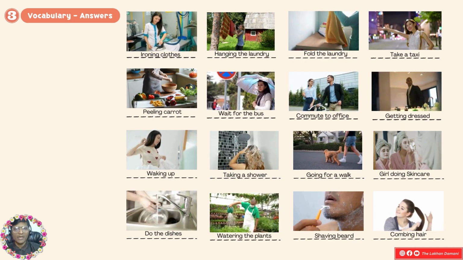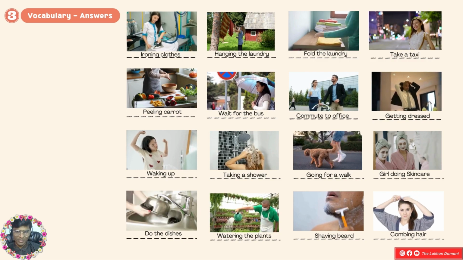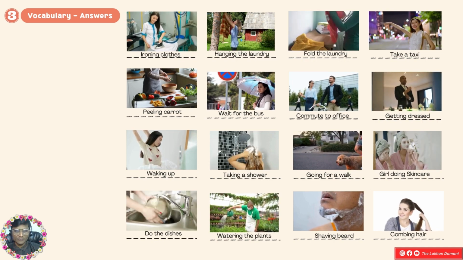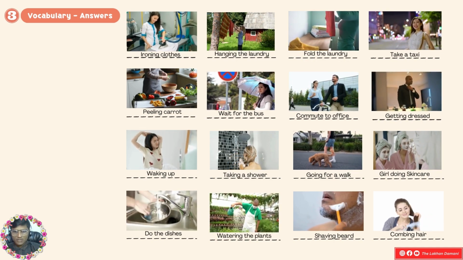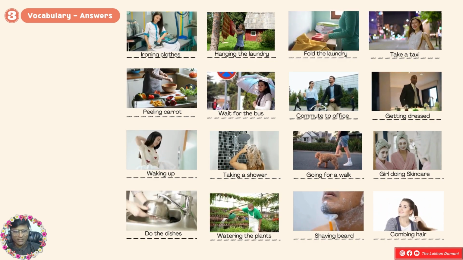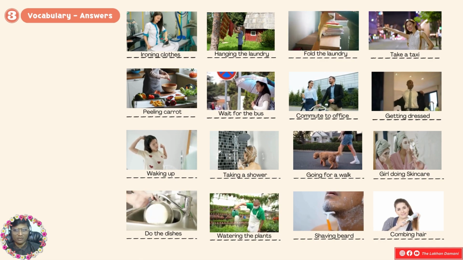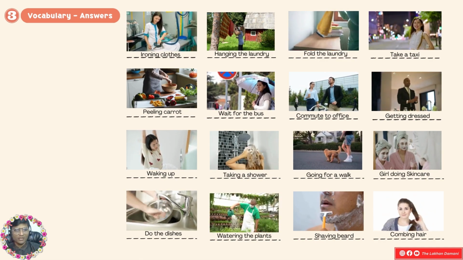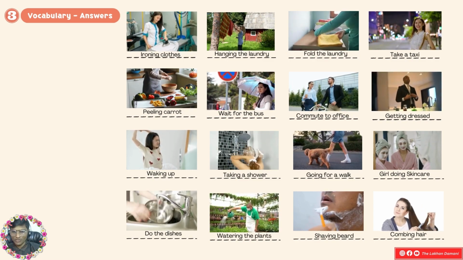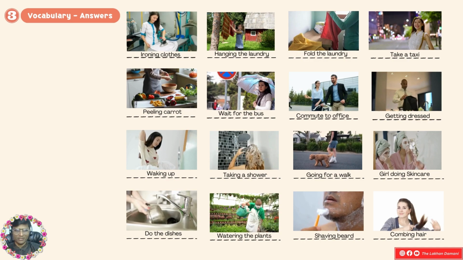Ironing cloth, hanging the laundry, folding the laundry or folding cloth, take a taxi, peeling carrot, waiting for the bus, commute to the office, getting dressed, waking up, taking a shower, going for a walk, girl doing skincare, do the dishes, watering the plant, shaving beard, and combing hair. These are all answers from the third exercise.